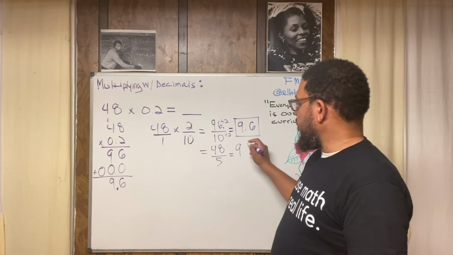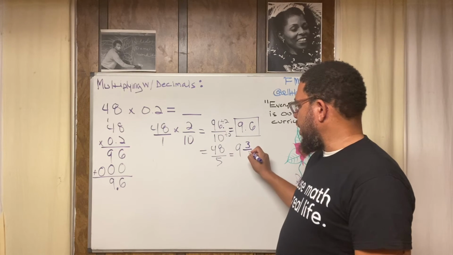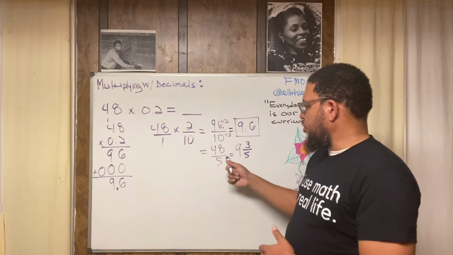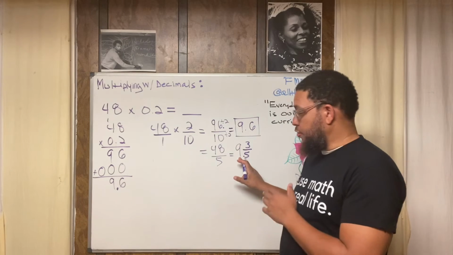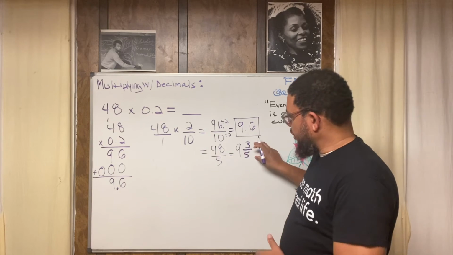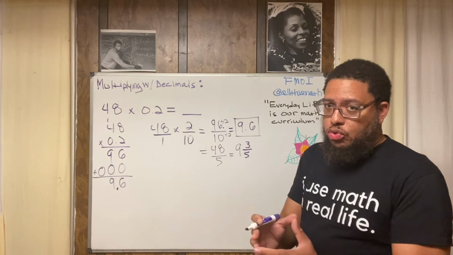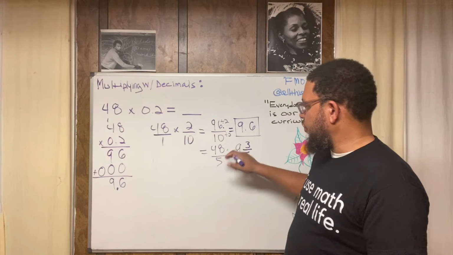So 3 is going to be your numerator, and you keep the same denominator, which is 5. In terms of groups of 5, 9 whole groups of 5 can fit into 48, but then 3/5 of a group of 5 also fits. So 9 and 3/5 fit into 48.